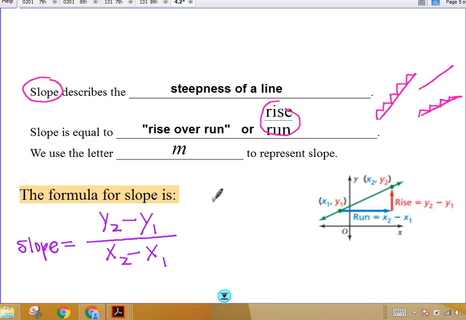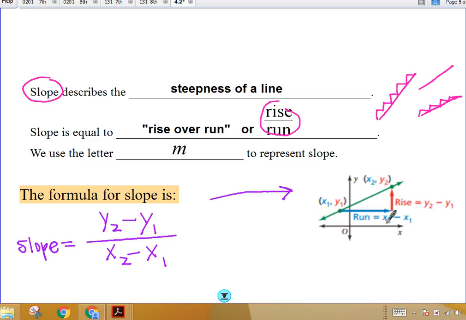And that makes you look at the picture right here. It's in your paper as well. Now, what the slope formula is telling you is that there are going to be two y values that you're going to have to subtract. So there's y2 and y1, and you're going to subtract. And there are going to be two x values that you're going to have to subtract, and here they are.